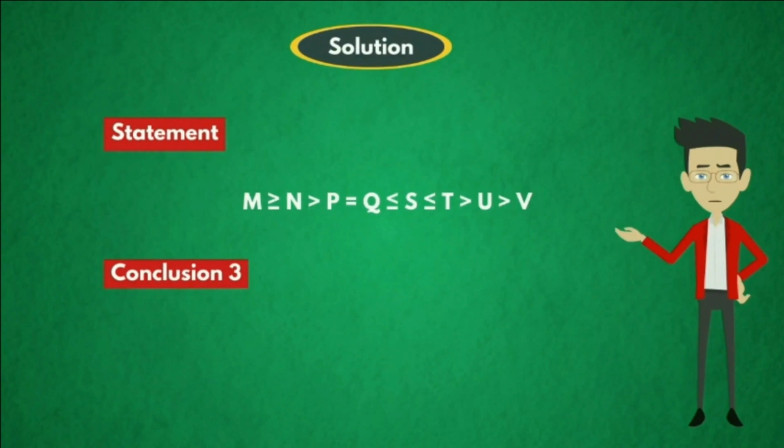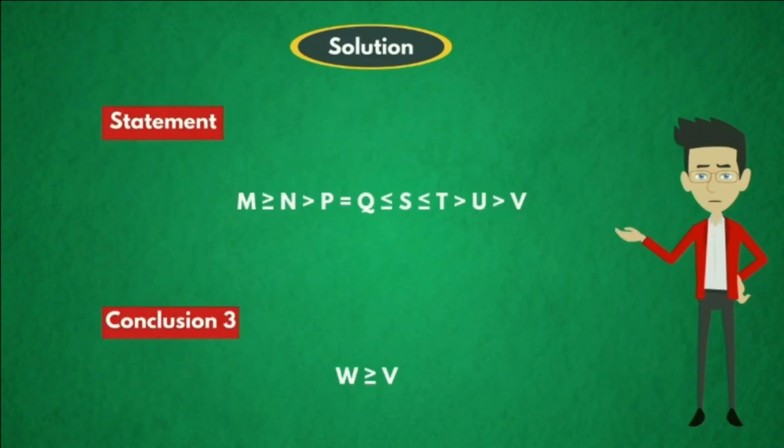Conclusion 3. T greater than or equal to P. Here in the statements, we have a direct relation between T and P. So here, from T to P, we have less than or equal to symbols.